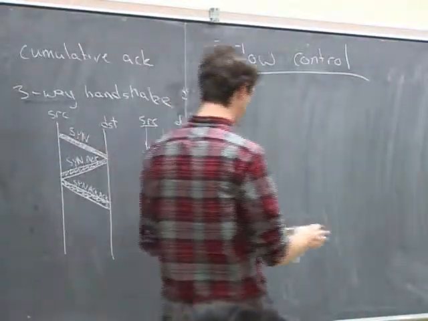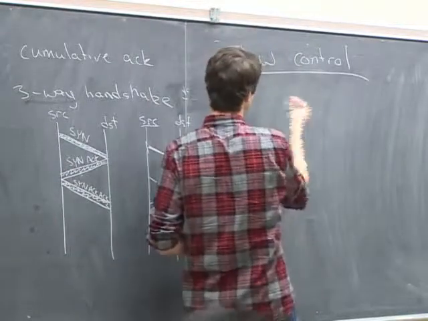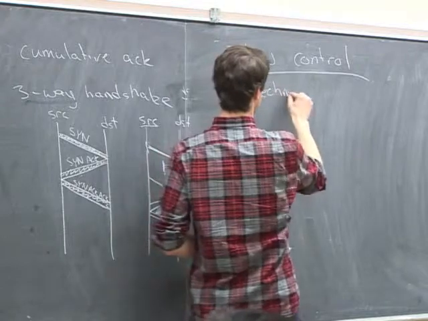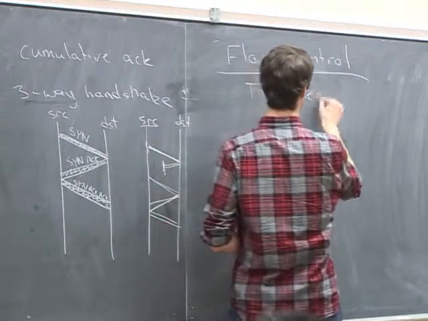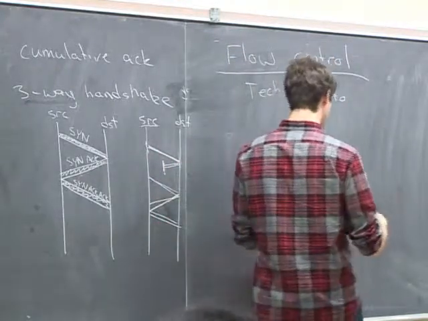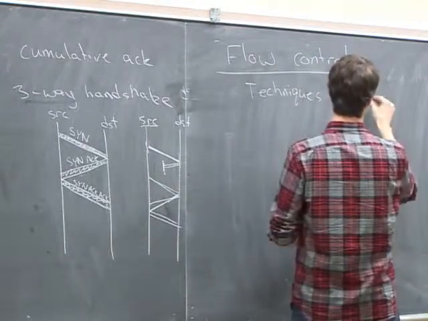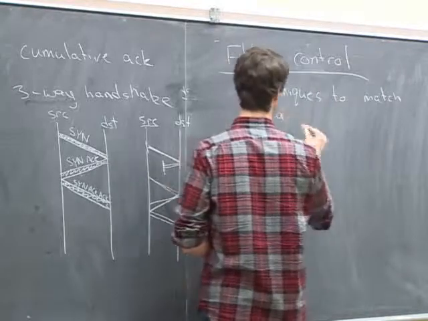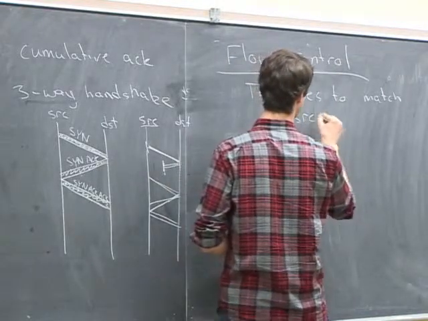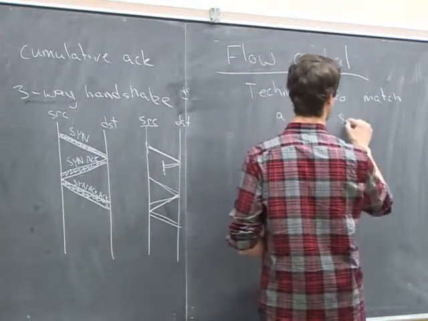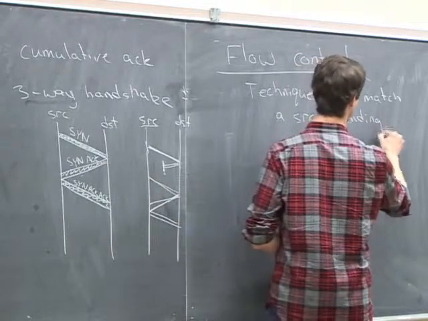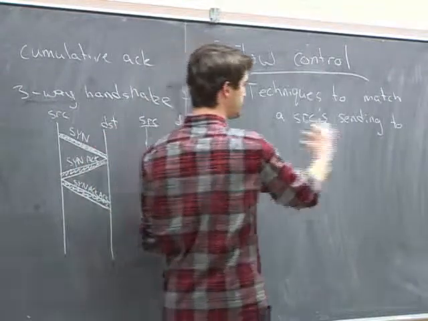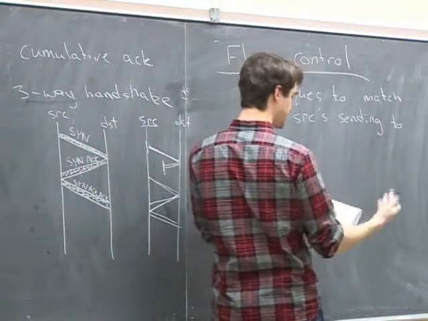So the definition of flow control is that it's techniques to match a data source's sending rate to the destination's receiving rate.